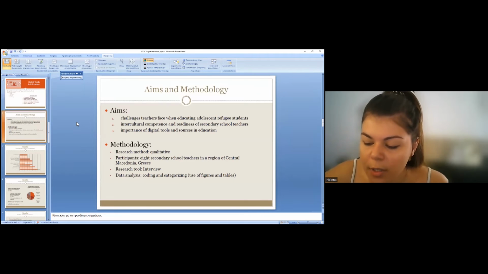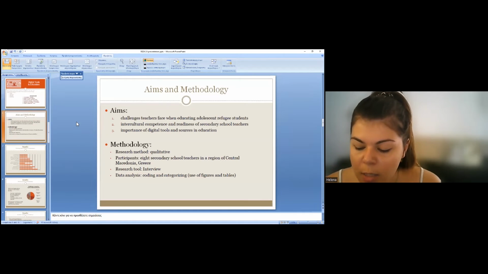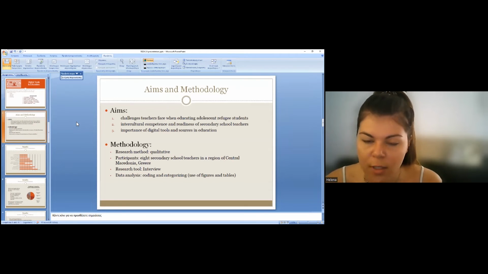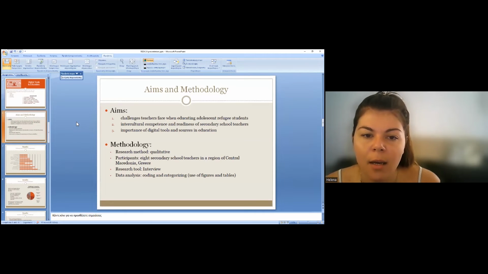So after all this information, let's move on to the research conducted so that we can see what the teachers themselves had to say. There are three aims in this research. The first one was to find out the challenges that teachers face when educating adolescent refugee students.